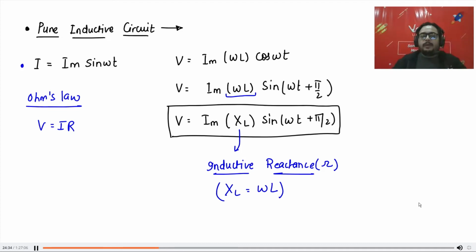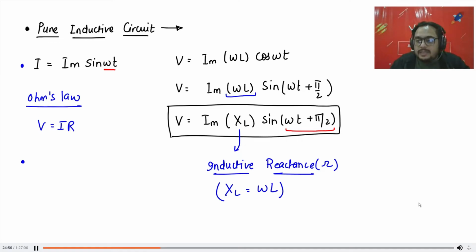One more important thing about it. Let me write first, then ask your doubts. Otherwise, people will start asking doubts first. If I ask you what is the relation between phase of current and voltage, if you look at it carefully, the phase of current is omega t, but the phase of voltage is omega t plus pi by 2.